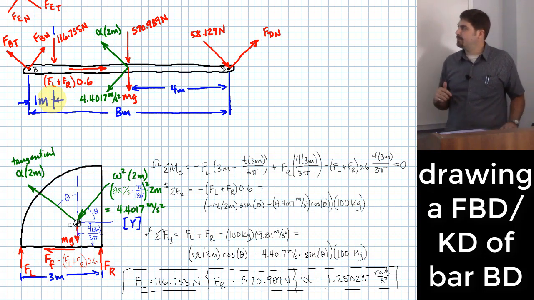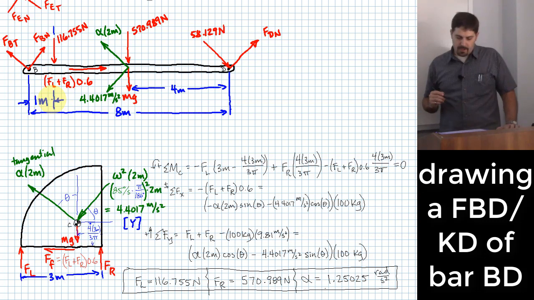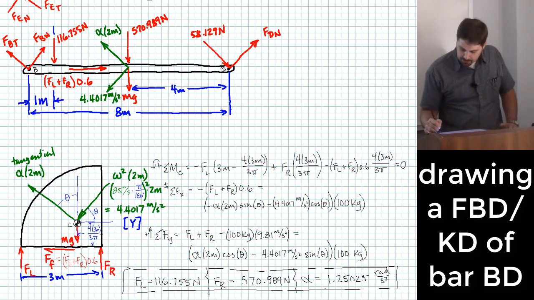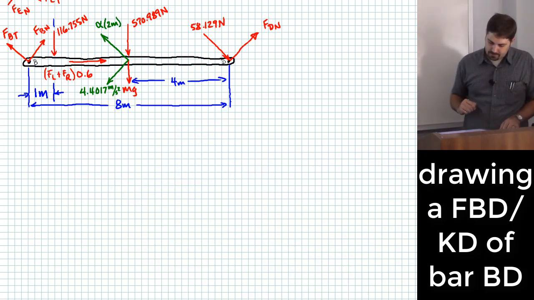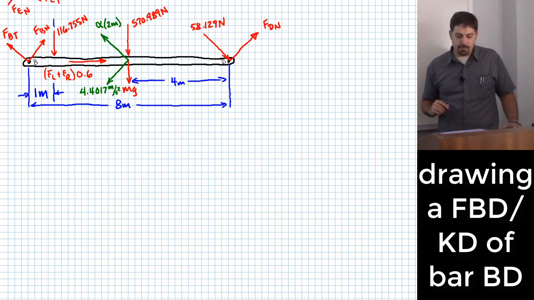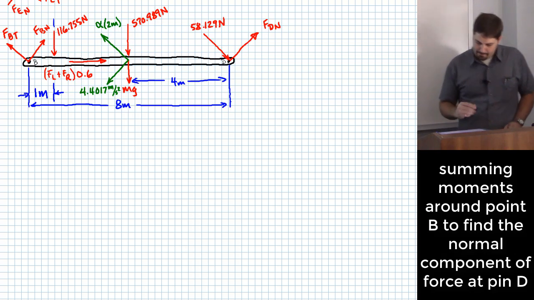All right. So far, so good. Do you see any equations that would be real easy for us to solve quickly? All right. Someone says some moments around B. That sounds great to me. Some moments around B, that eliminates FBT and FBN. All right.